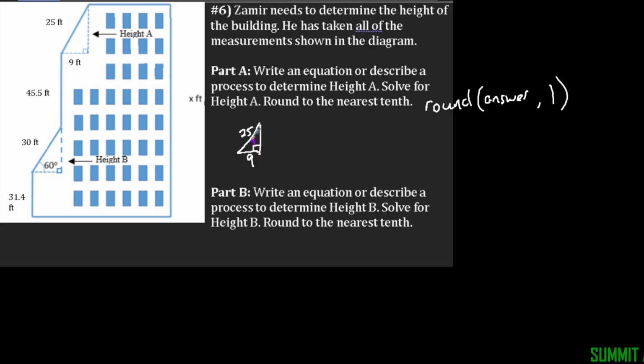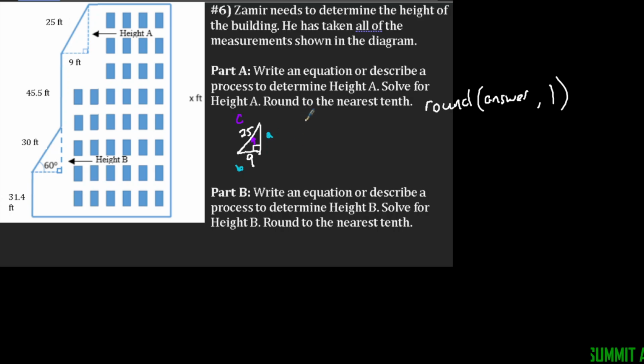Across from my right angle is C, and then my two legs are A and B, and we're looking for that side length. Let's actually switch this around so that it's not as confusing. A and B.